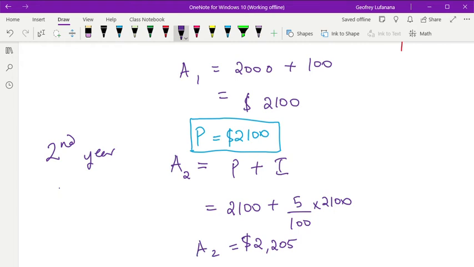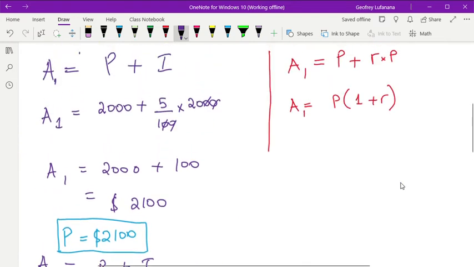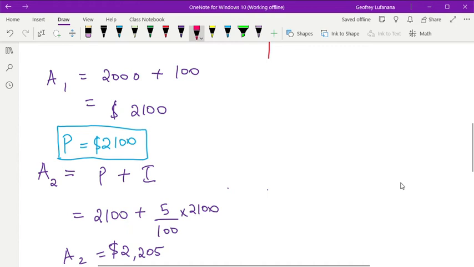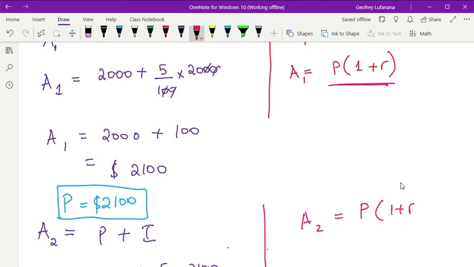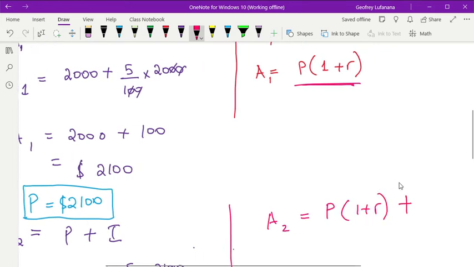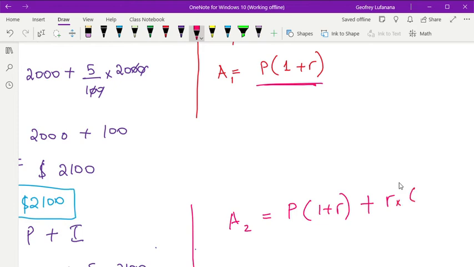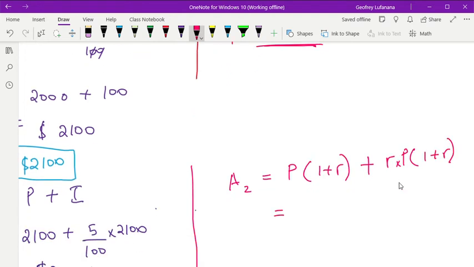Now, for purposes of generating the formula, let me write this one on this side. So my amount at the end of the second year is going to be the new principal, which is the amount from the first year, P into 1 plus R, plus the interest, which is our rate times the principal for this year, which is P into 1 plus R. When I factorize this, I will have P into 1 plus R squared.